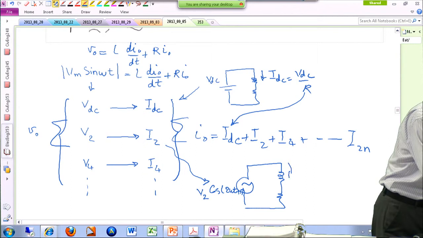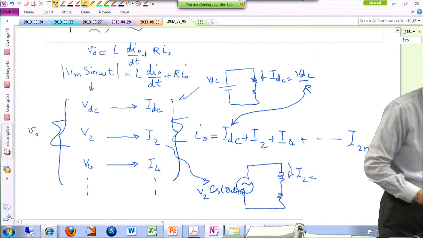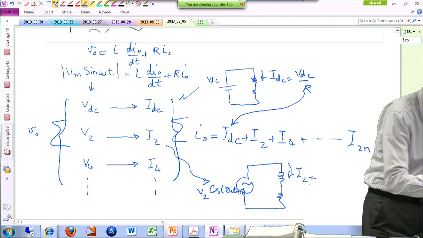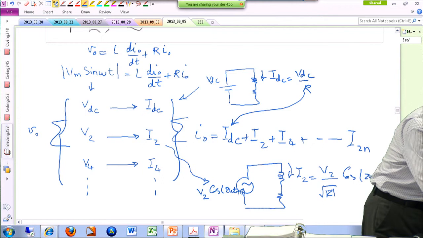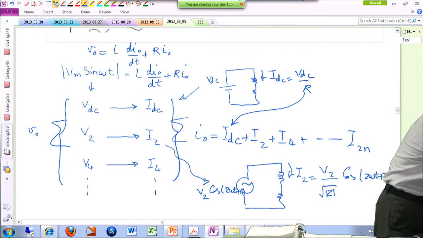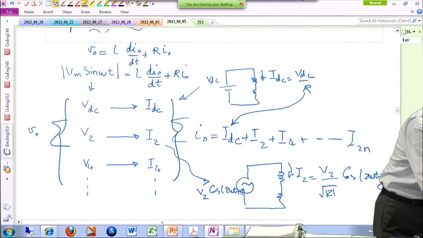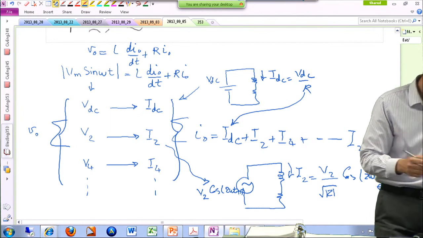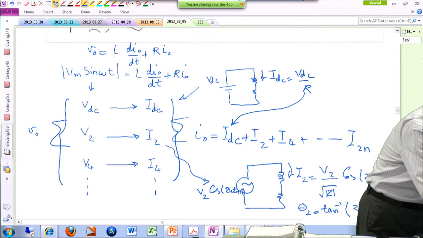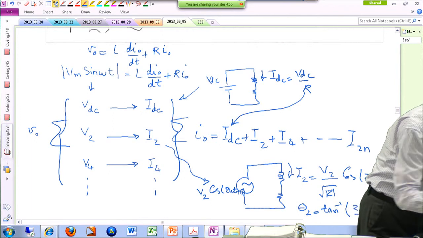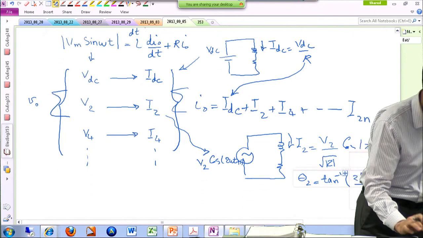And then I have to find this current I2, which, looking at the steady state response, will be V2 over the magnitude of the impedance, and then cosine of 2 omega t plus phi minus some angle, theta 2. And that theta 2 is the inverse tangent of L omega over R. All right?